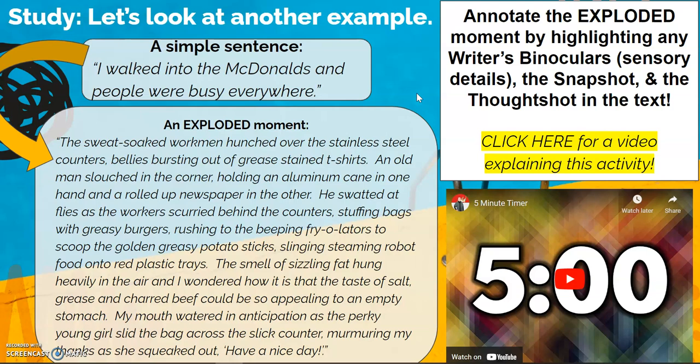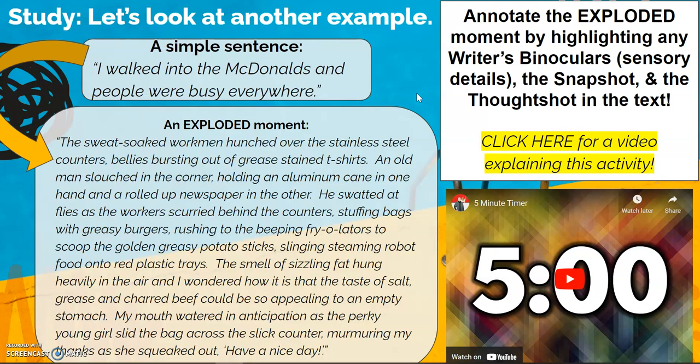And then at the end of this video, we will take a look at an example of what a completed one should look like. So here we go. Please be marking as you listen. The sweat-soaked workman. So immediately you should have underlined sweat-soaked and written above that something like sight, right? Because that's something that we can see. Some of you might have even written smell over that, because I feel like I can totally smell what that would have looked like.